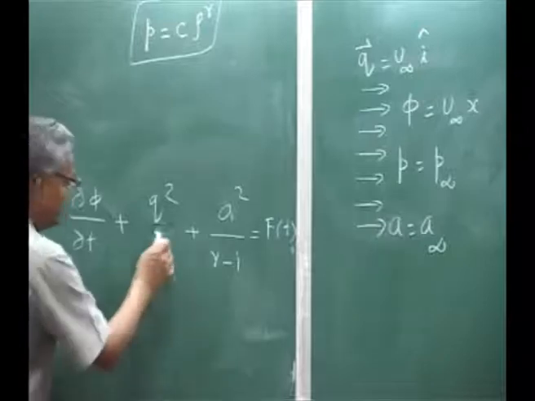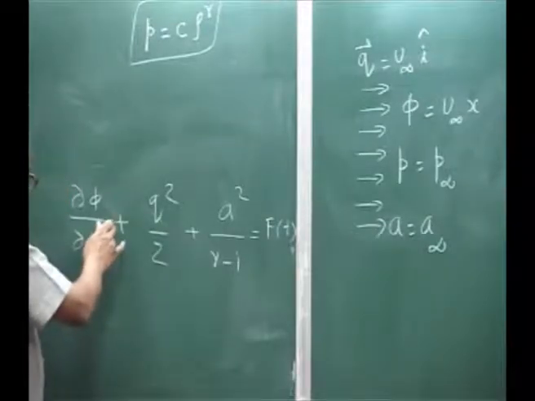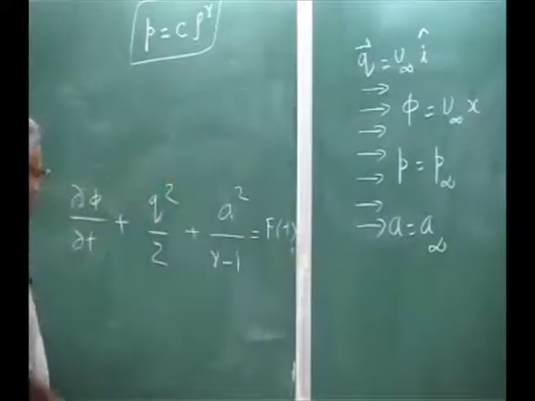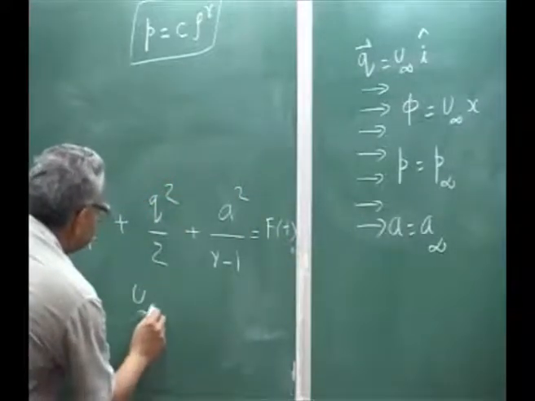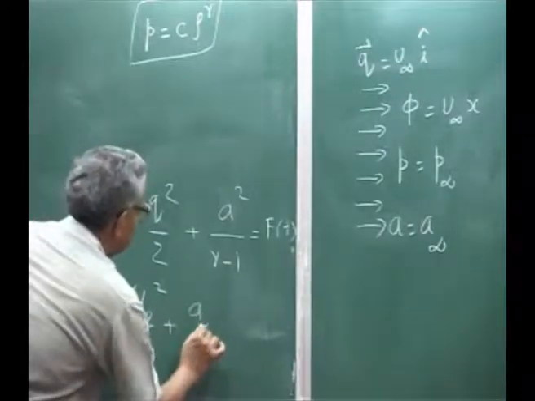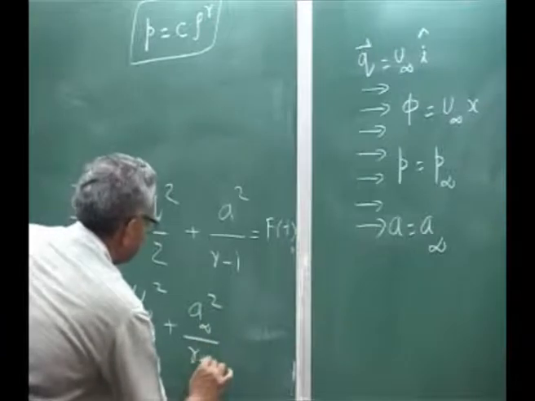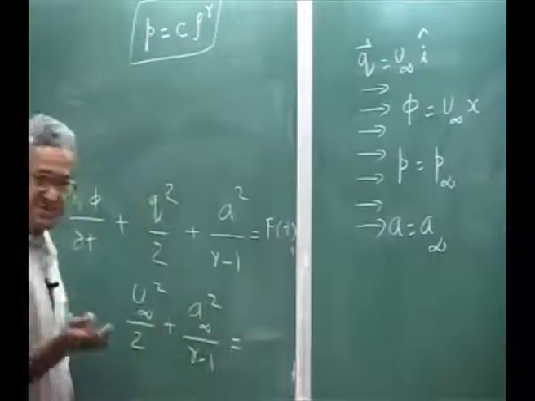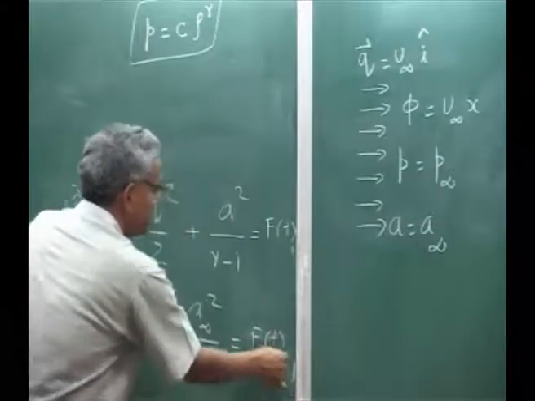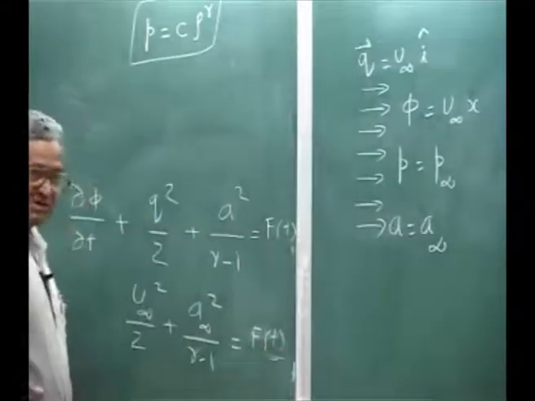So my f of t, if I apply this condition at far field, I am going to get A infinity square over gamma minus 1 plus u infinity square over 2, which is nothing but f of t, which is basically a constant. This is my f of t, though it is independent of time, that is all.